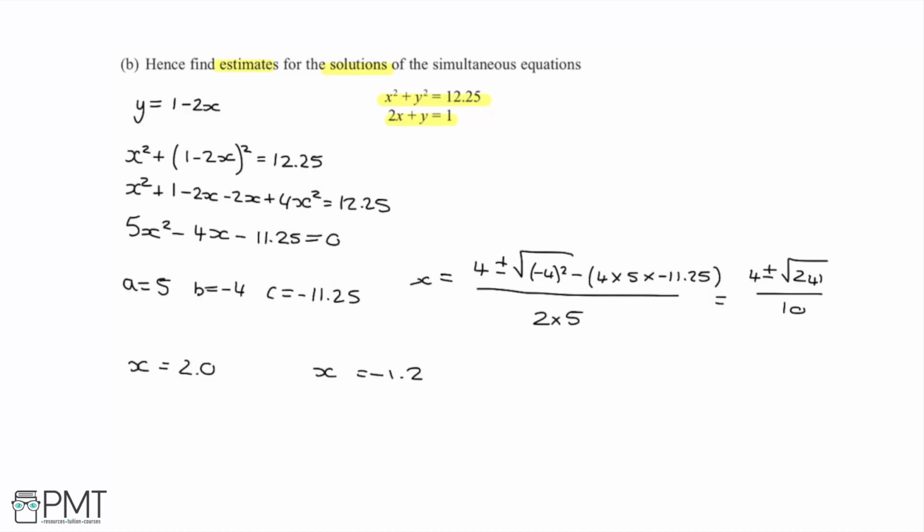So if I substitute this into the formula, so 1 minus 2 lots of 4 plus root 241 over 10, etc. If I do this for both of them, I get answers of y being equal to minus 2.9 when x is 2.0, and then y being equal to 3.3 here.